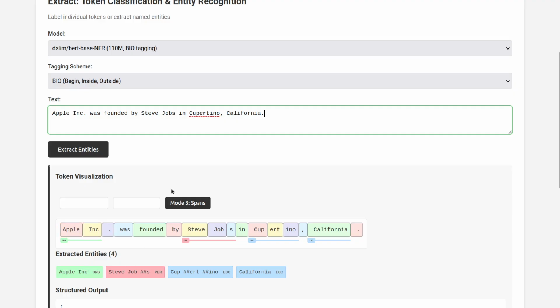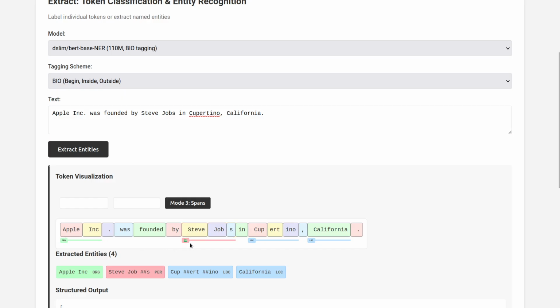So the actual task that BERT base NER, which is named entity recognition, is trained on is labeling every single one of the tokens with a B, an I, or an O. And the B is for beginning a sequence. In this case, all the B's have a specialization. So everywhere you see a badge, the token above it is a B-ORG token. And this one is a B-PER, like beginning of a person span token.